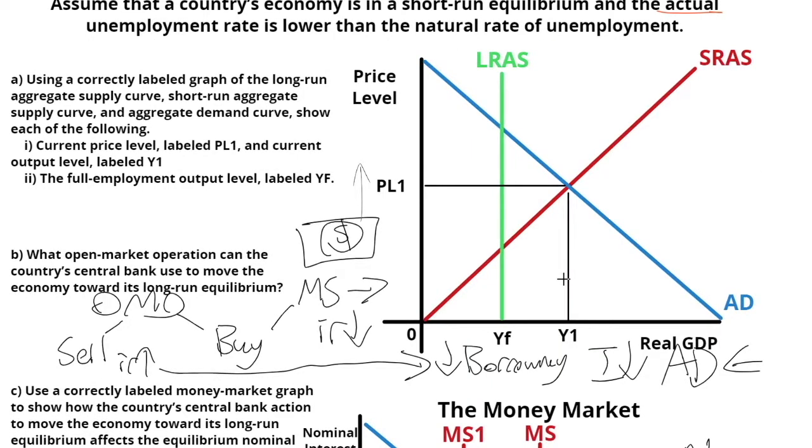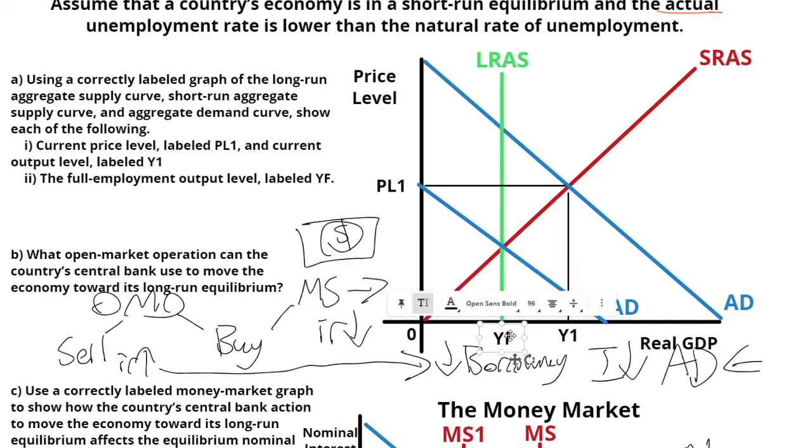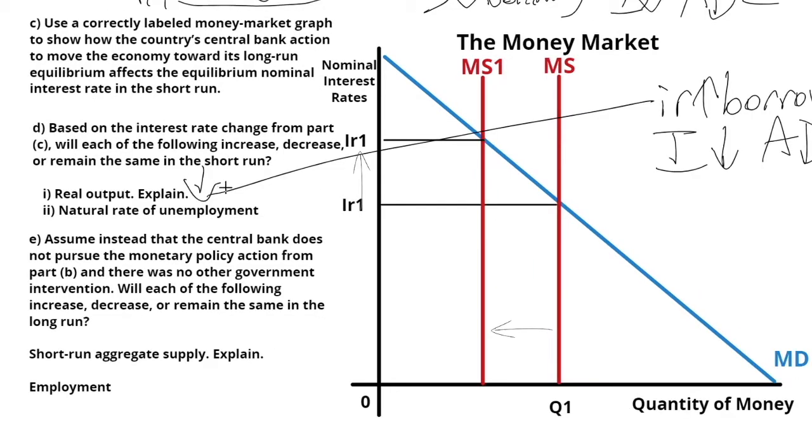Which, if we scroll back up to our first graph and do a little bit of shifting, we'll see that our new output at YF is less than the output at Y1. So real output decreases. And natural unemployment will have no change since long-run aggregate supply isn't shifting anywhere. Usually questions about the natural rate of unemployment, unless they're referring to economic growth, are usually no change. It's just a trick question.